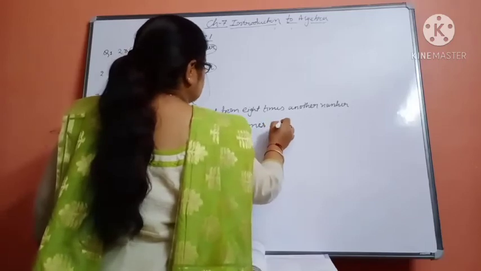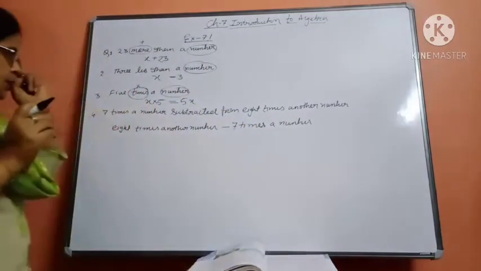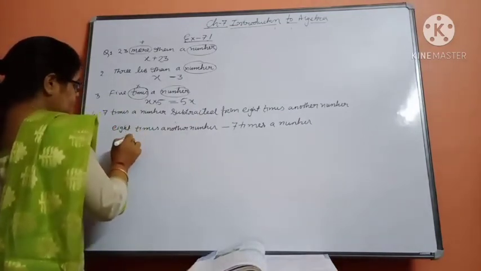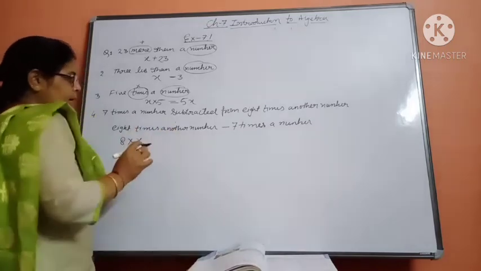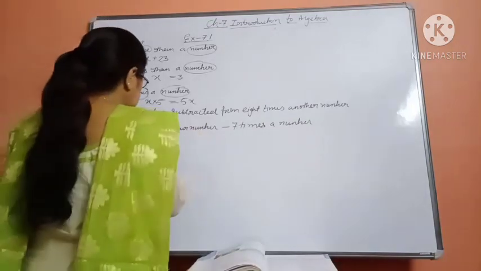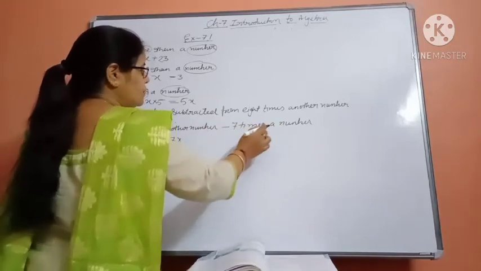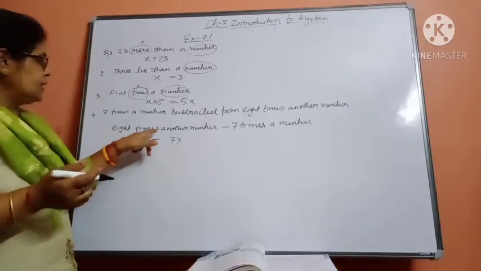Here we need to take two different variables. 8 times means multiply. Another number means any number, I have taken x. Now minus 7 times another number. If I have taken x, this time I cannot take x.